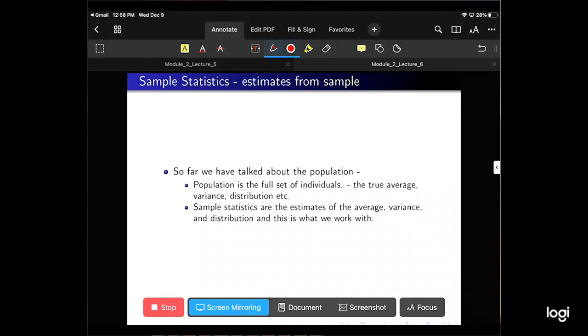We'll never know the incomes of everyone, so we need to draw samples from people in the United States and get the incomes from the people in our samples. So sample statistics are the estimates of the average, variance, and maybe the distribution of the sample which we have drawn from our population.